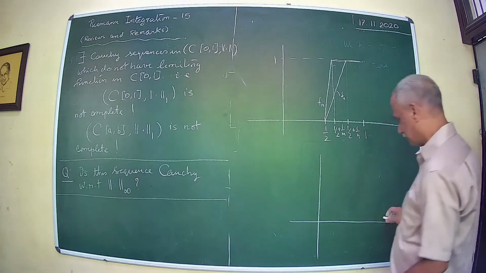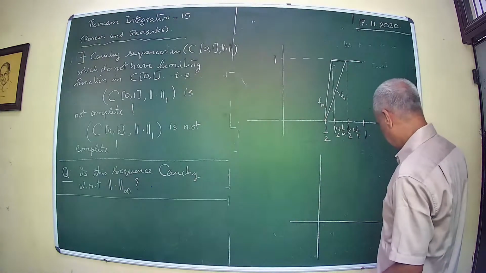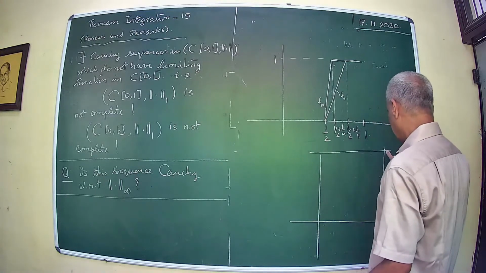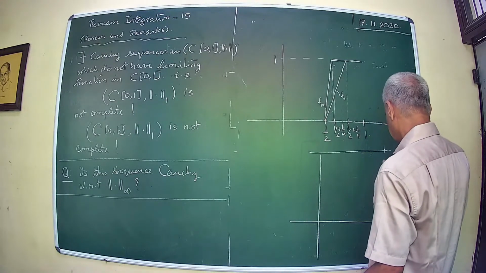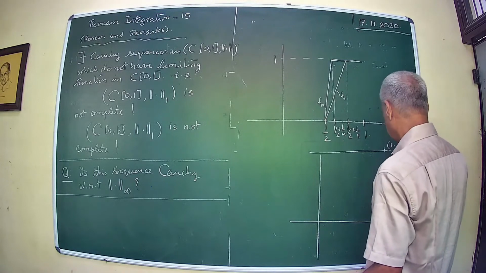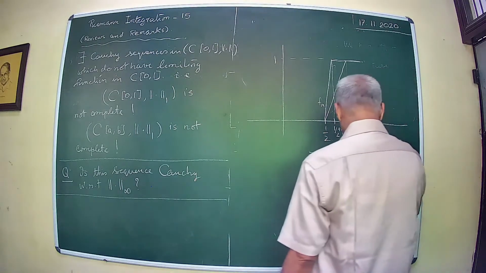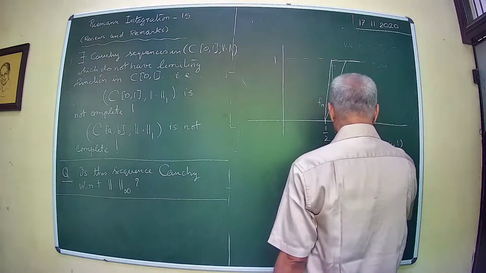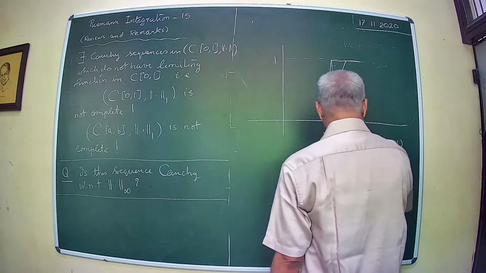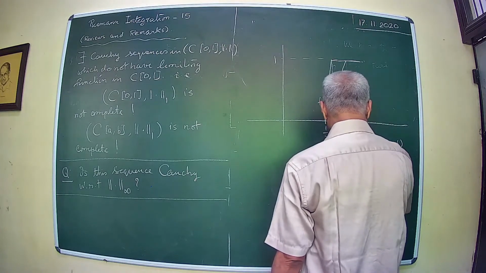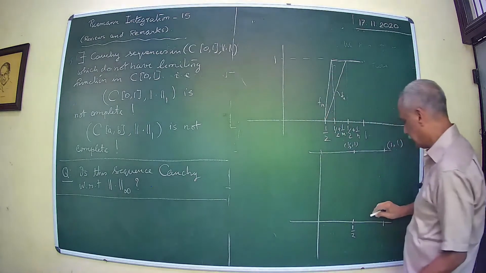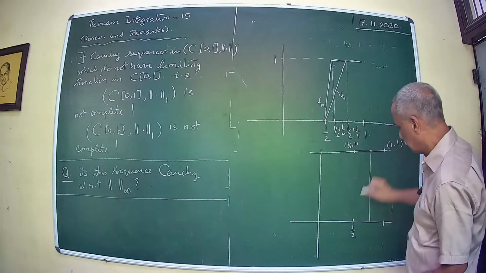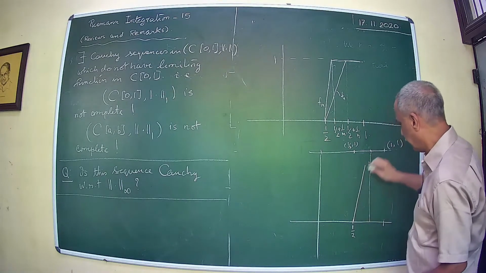Okay, so let me draw the graph. The graph of the function is this. This is one line, and this is half, this is 1. Now you see that I take 1/2 plus 1 by n. So this is the function we have.